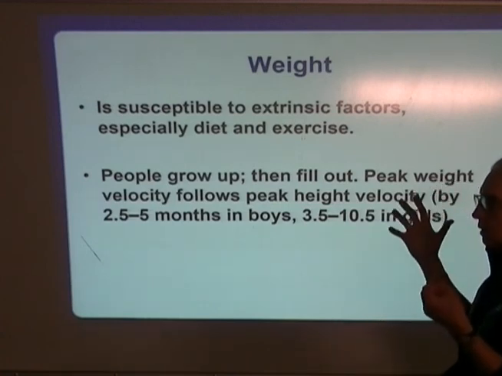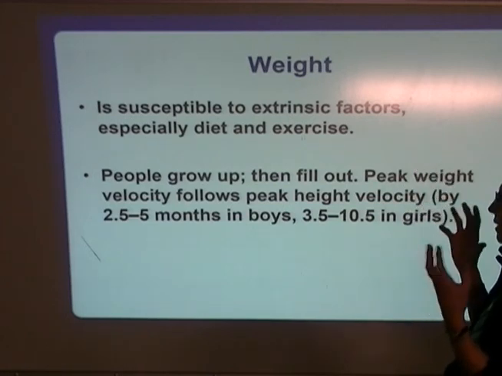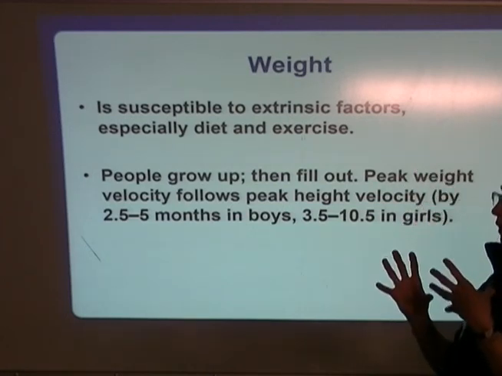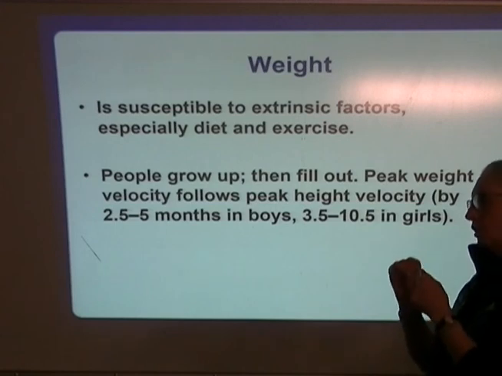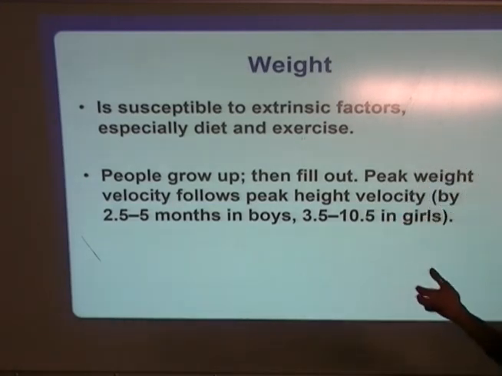So weight should follow this S-curve, but it's much more variable because it's so much more susceptible to environmental factors, all right? So if the child does average amount of physical activity and they eat a healthy amount of calories, then we would see a typical S-curve.